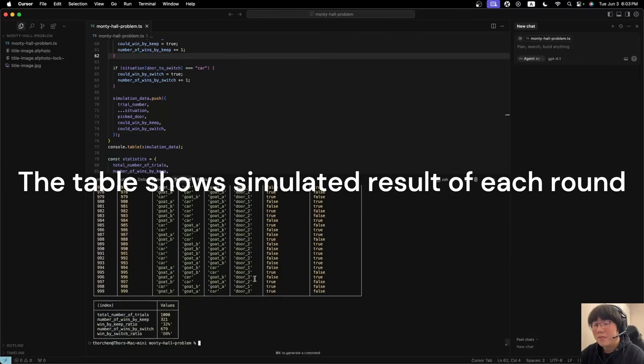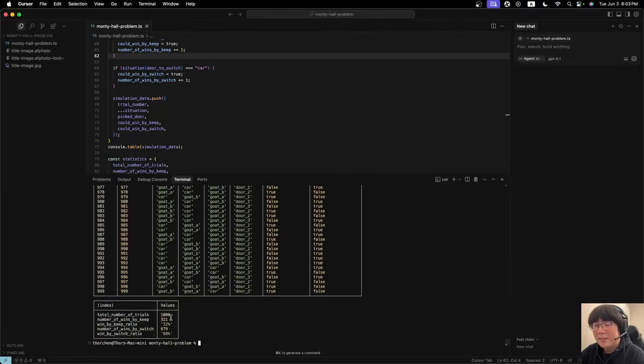There are thousands of rows, and then the statistics show how many times we could win by keep and how many times we could win by switch. The numbers show that there are just around 300 times that we could win by keeping our initial choice, and about 600 to 700 times that we could win by switching our choice.